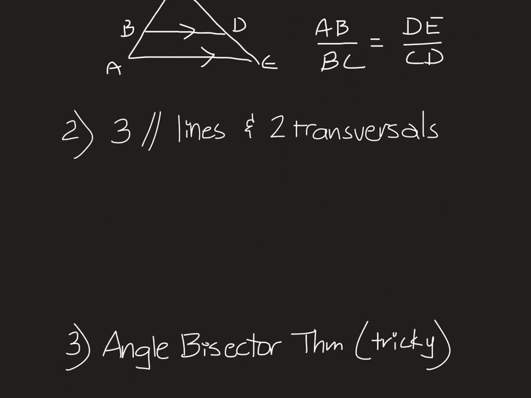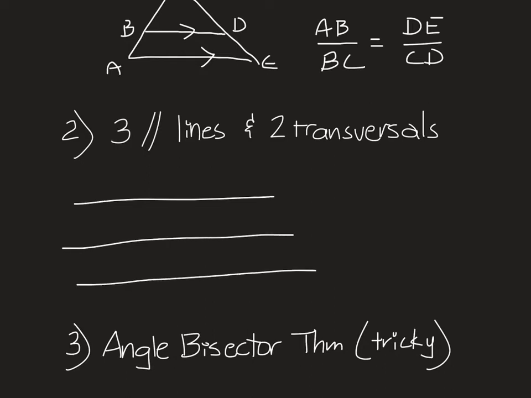On to theorem 2. Three lines, three parallel lines, and two transversals. So, draw three parallel lines, and then two transversals, which I'm going to draw not parallel. I'm going to use small letters to denote lengths. And we better get our parallel symbols here.